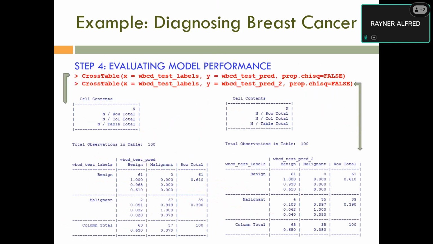If we look at that, this is correctly classified. This is not. So what is the error? 2 out of 100. So the error here is this one.